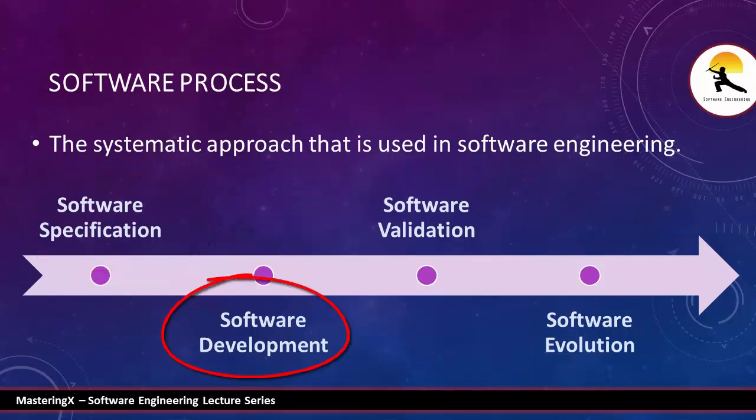In the software development activity, the software to meet the specification must be produced. In the software validation activity, the software must be validated to ensure that it does what the customer wants. In the software evolution activity, the software must evolve to meet changing customer needs.